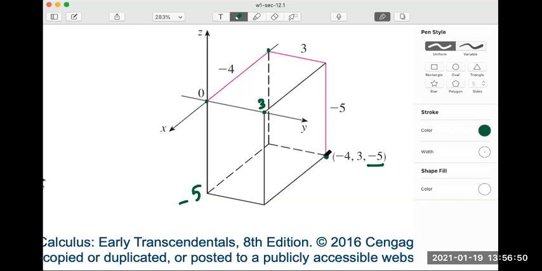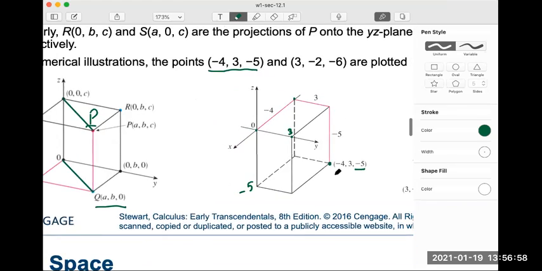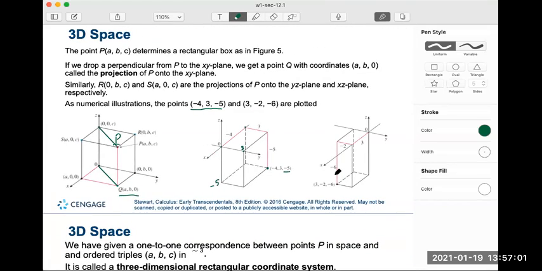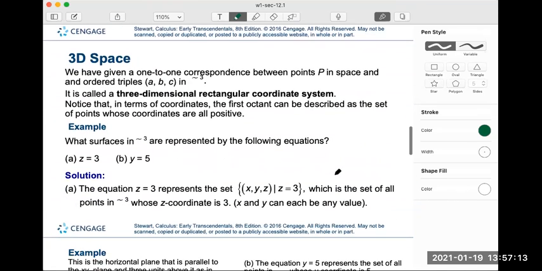So this is the point we are talking about, okay? So I believe that you can do it well. Do you have any question about this coordinate? Yeah, just something new. Okay, very good.